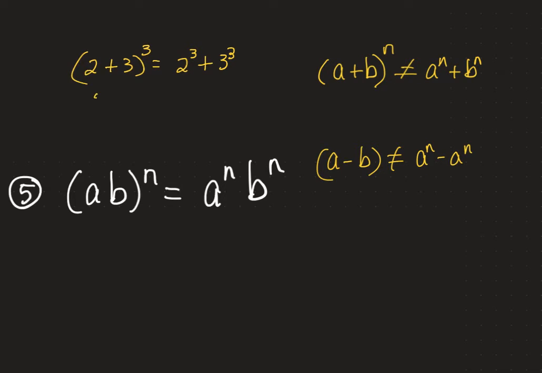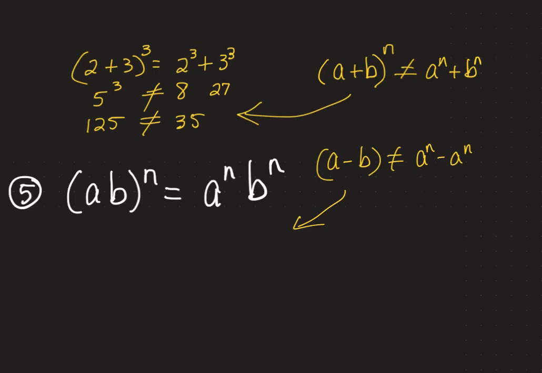Well, 2 plus 3 is 5, and 5 cubed is 125. 2 cubed is 8, 3 cubed is 27, and if we add those two, we get 35. So that is not true. This is an example of addition where it is not true.